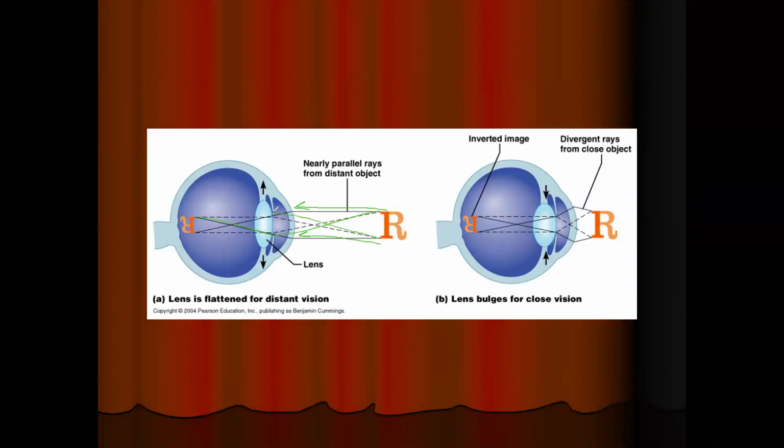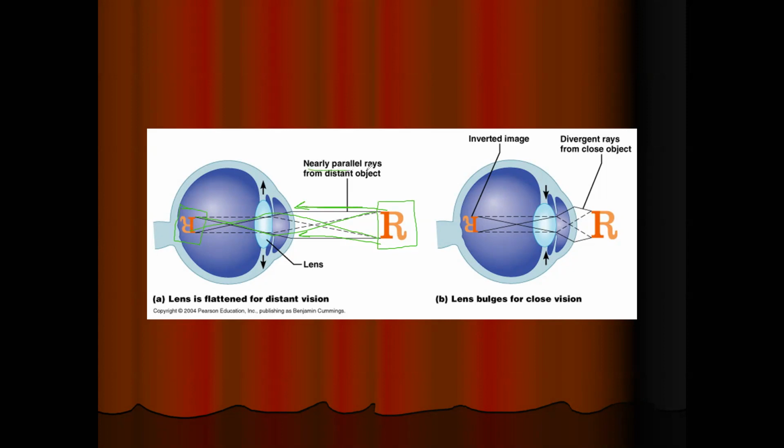So what you see in front of your eye as right side up actually lands on your retina upside down, and your brain has to fix that. I'm going to tell you about that in just a minute. So the light rays are pretty parallel.